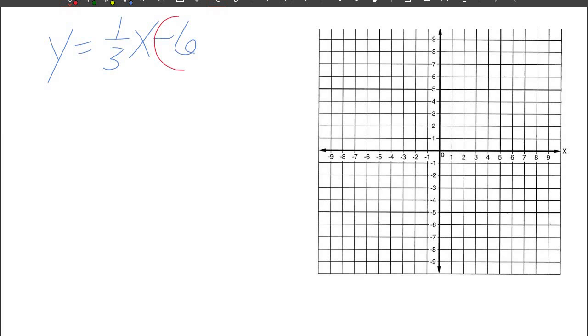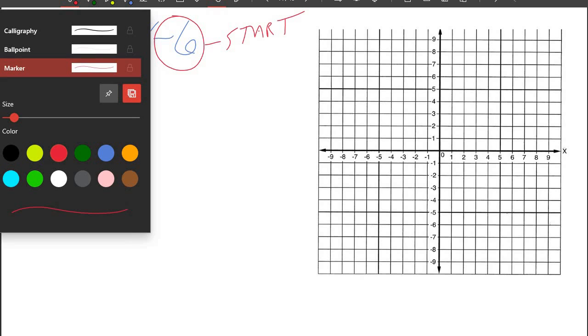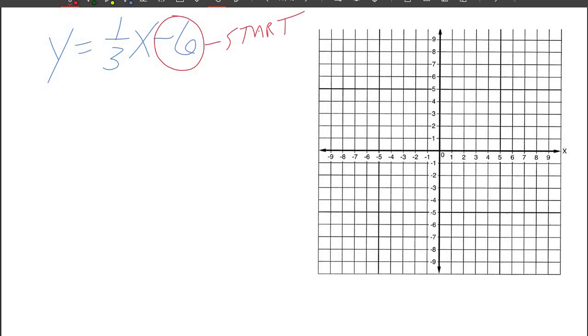This is your starting point. So you're going to locate negative 6 on the y-axis. Here it is. Put a little dot on negative 6.